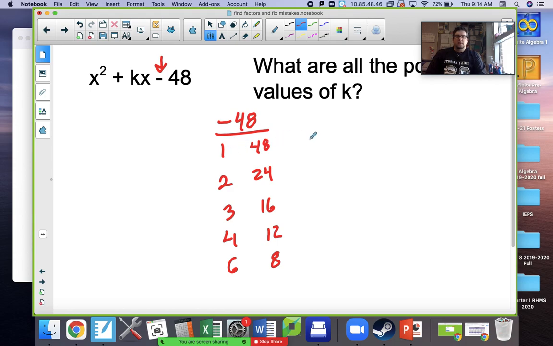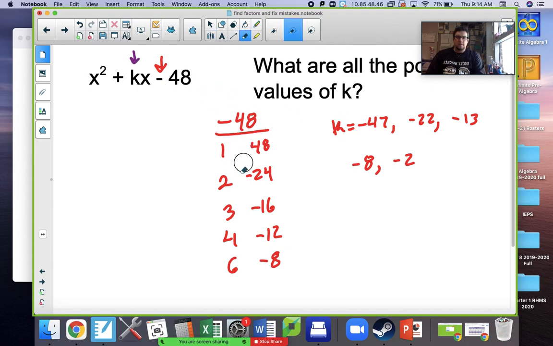But there's a lot more values for this one. Since they have to subtract, one of these has to be negative, one of these has to be positive. So let's start by making all of these negative. So k could be negative 47, negative 22, negative 13, negative 8, and negative 2. But actually, it can't be any of these numbers because I need k to be positive.